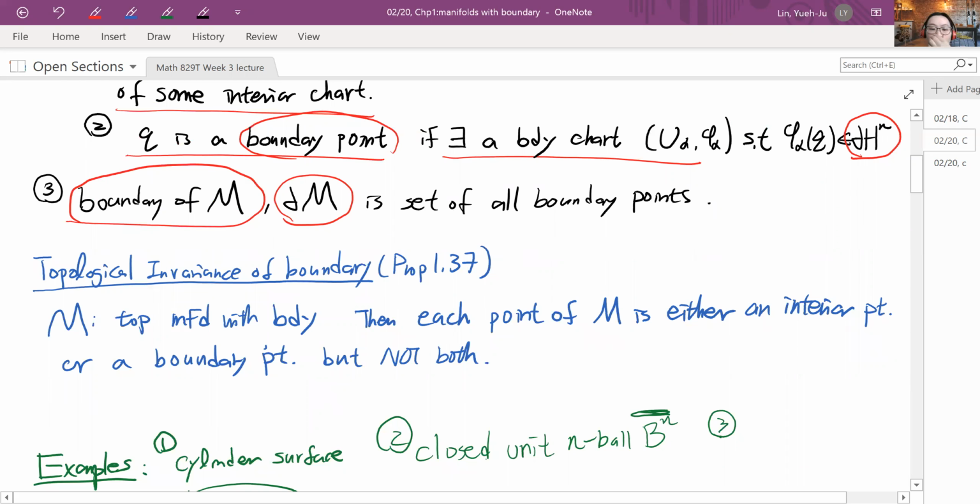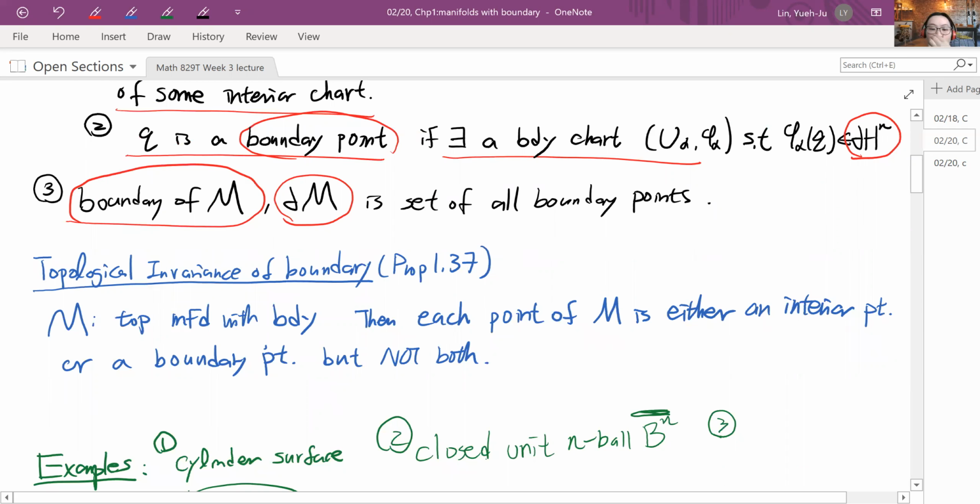It means you have an open set in the chart that's homeomorphic to an open ball in Rn. But now, because with a topological manifold with boundary, you might have a set that gets mapped to an open half ball in Hn, right?